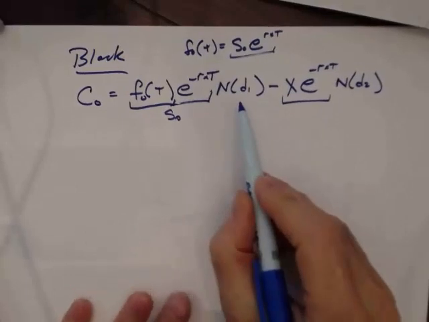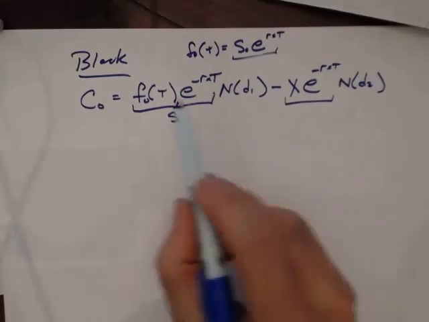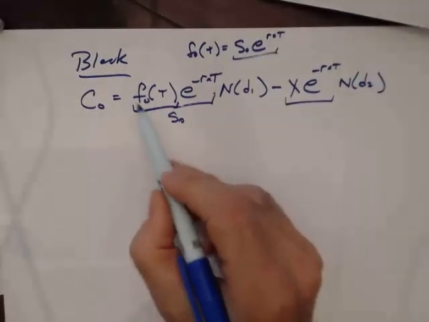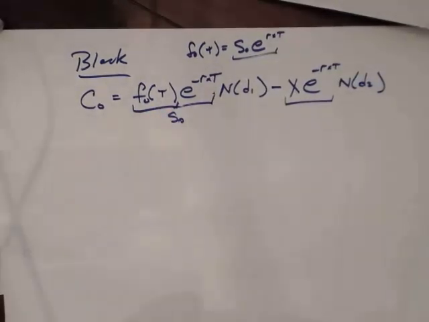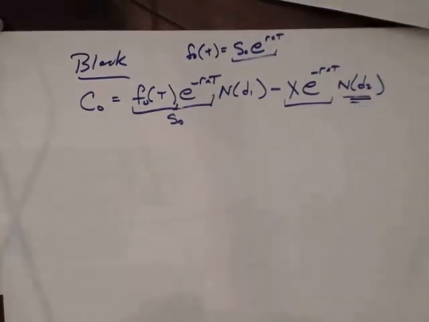By the way, remember what this is? This is the probability of the option finishing in the money, conditional on where the futures price is relative to the strike. And then this is the unconditional probability of the option finishing in the money under risk neutral probabilities.